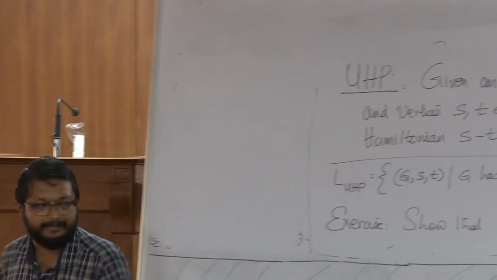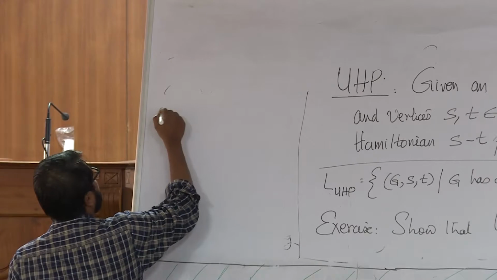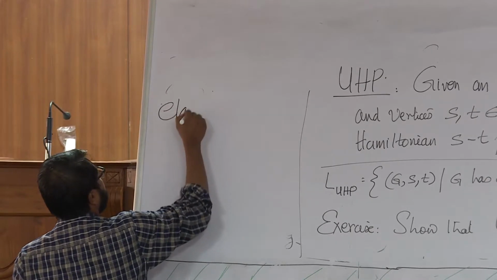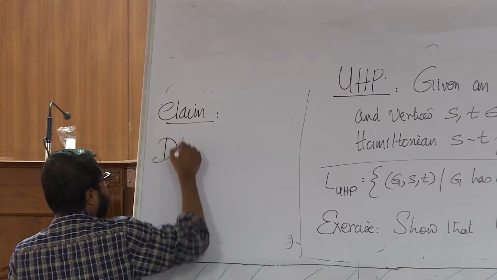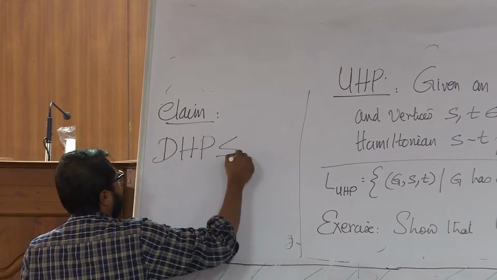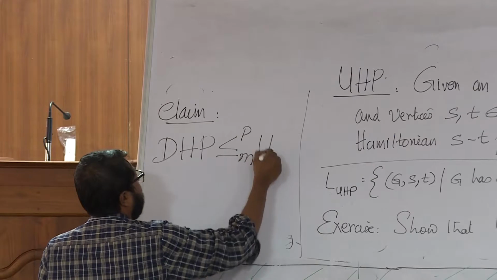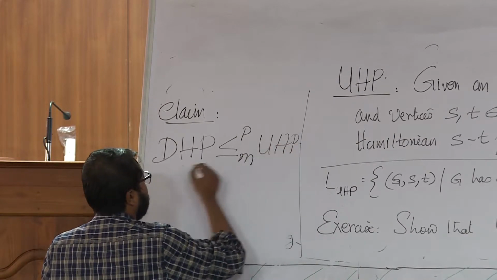So okay, let's try to show that. So we claim that directed Hamiltonian path is reducible to undirected Hamiltonian path.